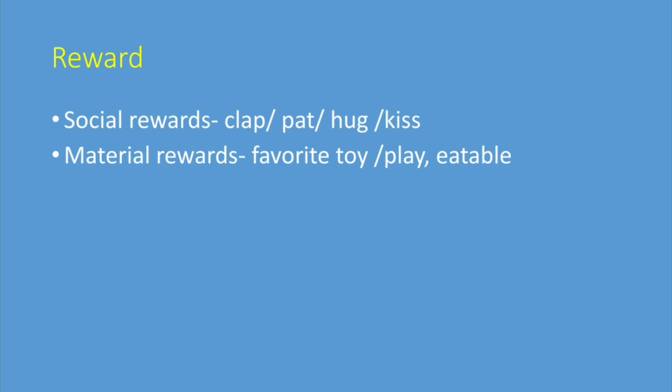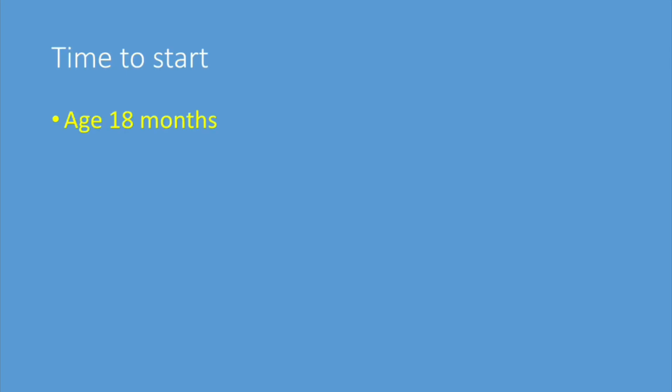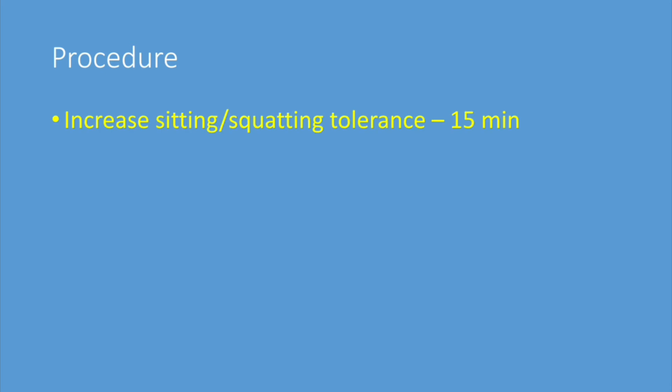We can start around 18 months. You can start even before this age; there's nothing wrong in it. It might take 1 week or 3 to 4 weeks, depending on the child and the training environment. So, what is the procedure? First we need to increase the sitting or squatting tolerance.